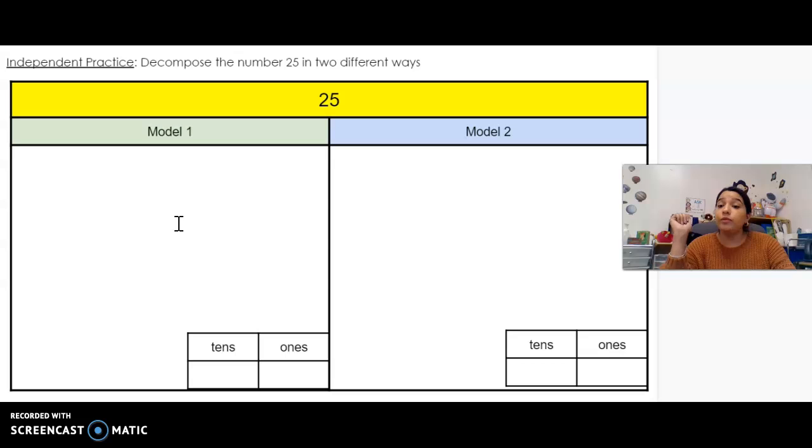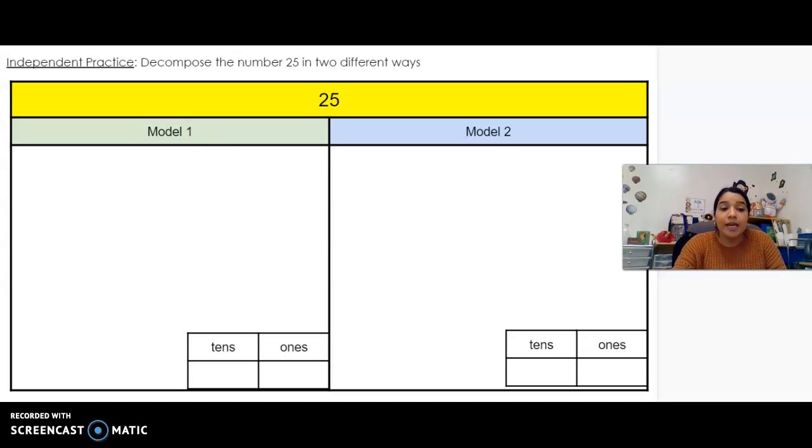So you can use a different amount of tens and ones. So go ahead and think about the different ways we modeled the number 38. And you can choose one of those models to see if it will fit the number 25. So you have to model the number 25 in 2 different ways.